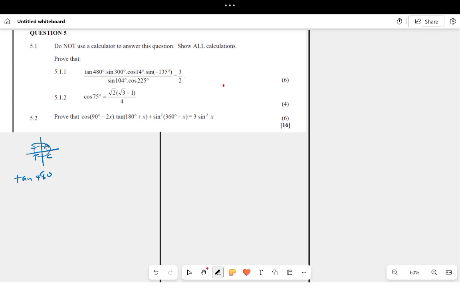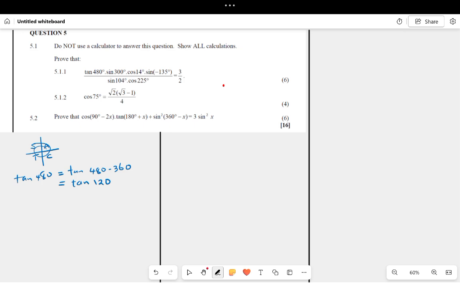So this is simply equal to tan of 480 minus 360 degrees, which is the tan of 120.